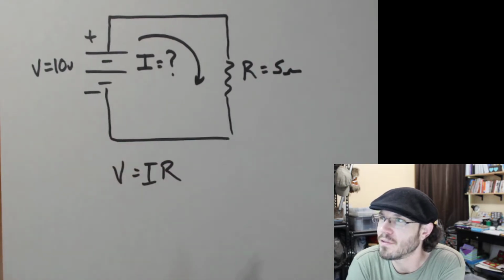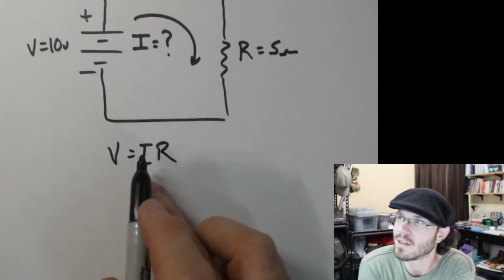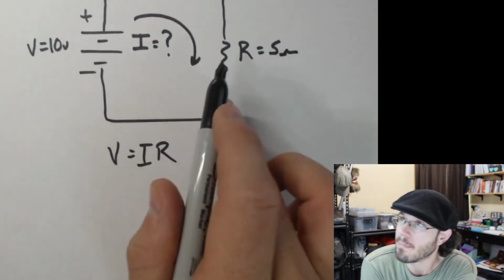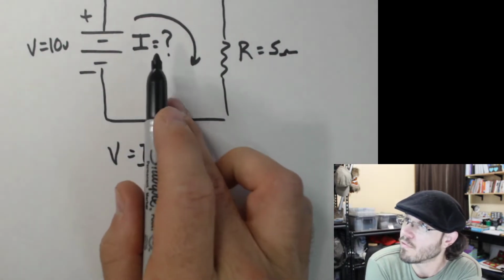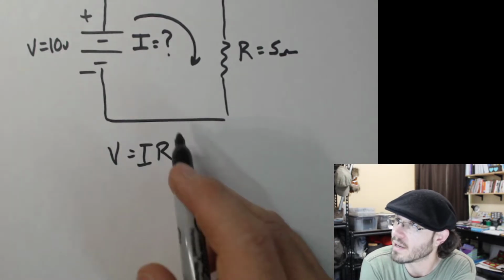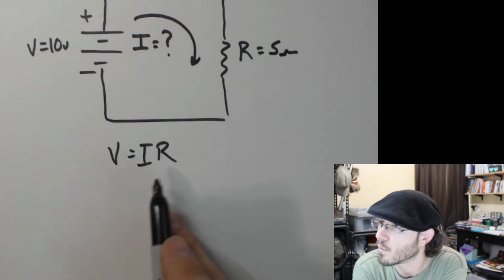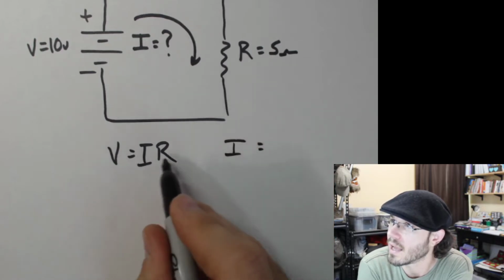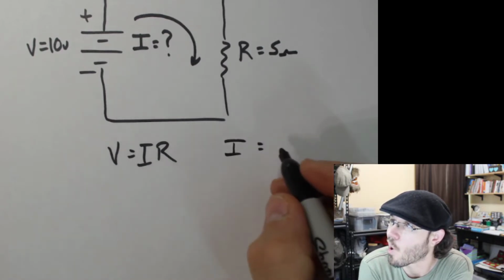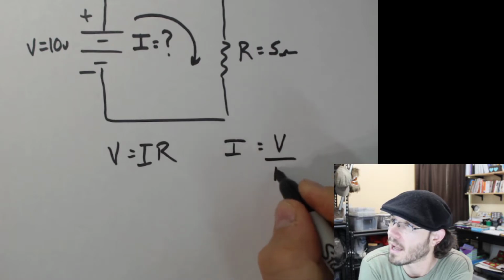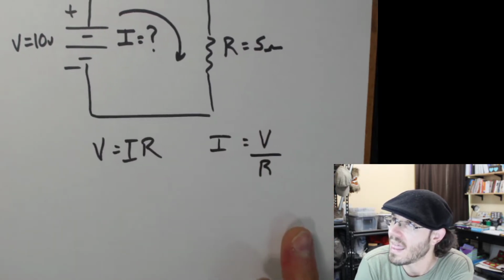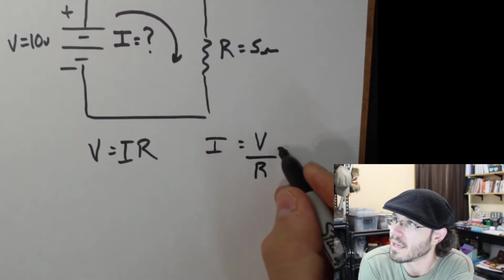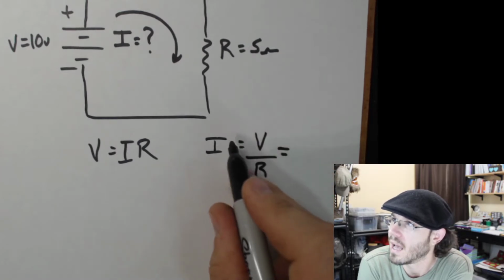Now, there's a couple of different ways I could do this. I can go ahead and rewrite my expression for what it is that I'm looking for. I got a question mark in I, so I can just say, what is I equal to? And I can rewrite this. I is equal to, well, I got to divide both sides by R, so V divided by R, and then I can go ahead and plug in my values.